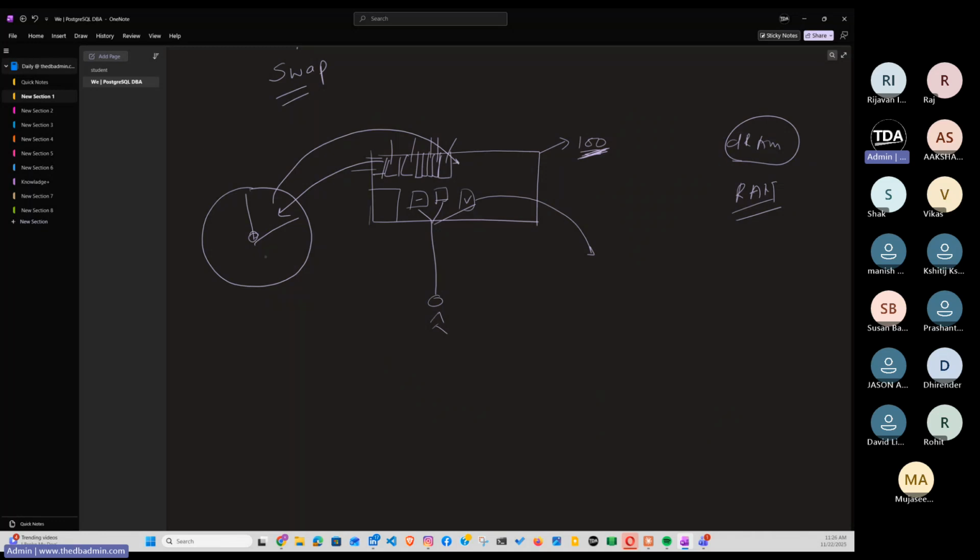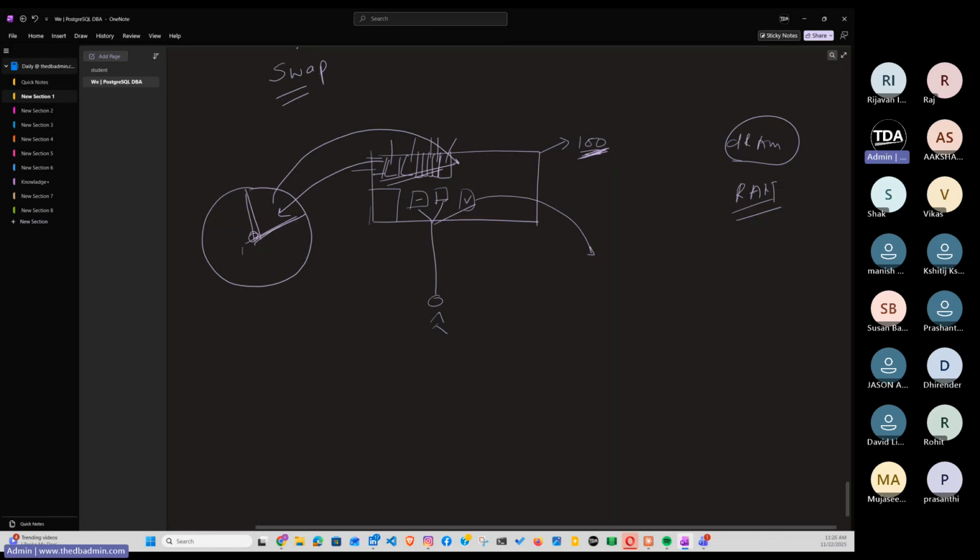Whatever unused blocks are in my memory, while my application is still active, we park into the swap. This temporary part of my storage is considered swap memory.